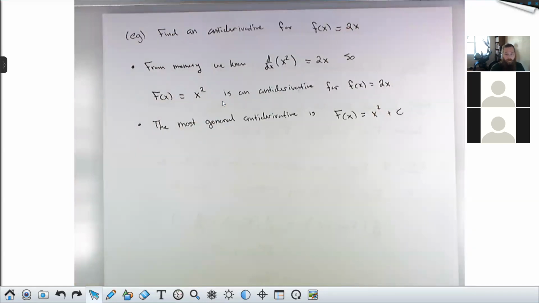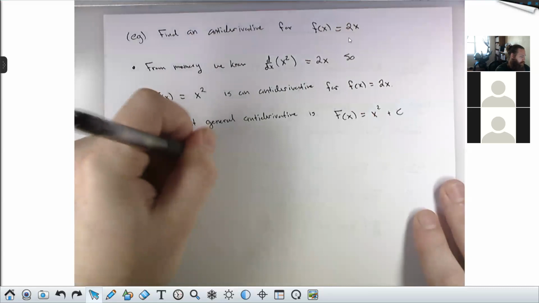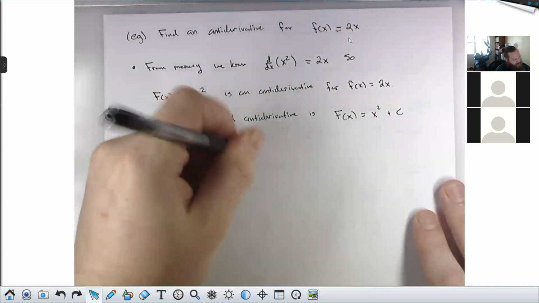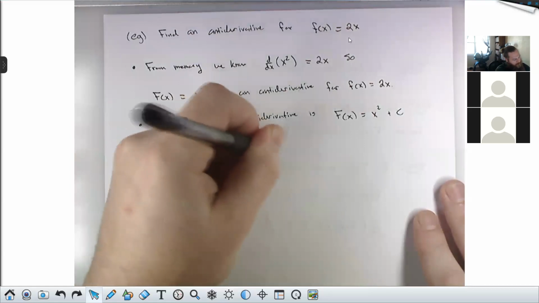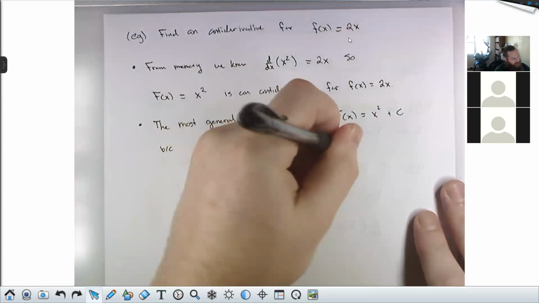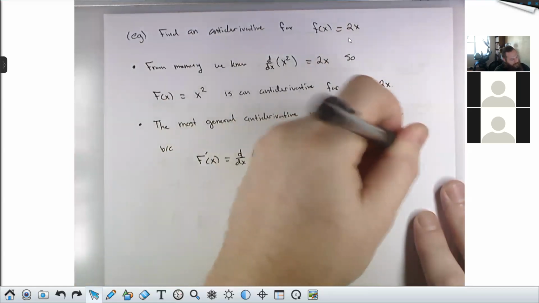And c could be any constant, right? If you differentiate any function that looks like x squared plus a constant, you'll get 2x. Because capital F primed here would be d/dx of x squared plus c, which is 2x plus 0, which is 2x, which is little f.